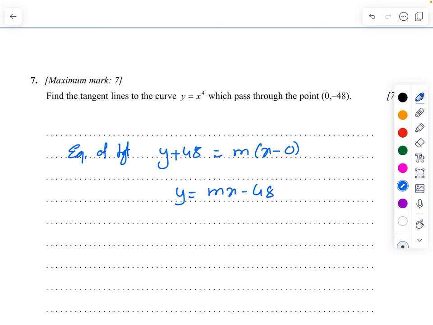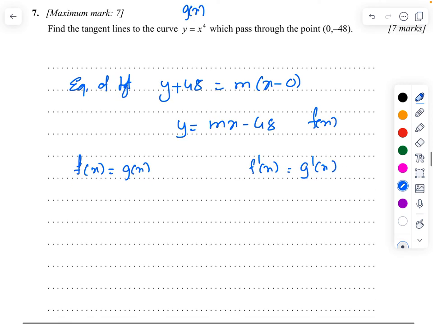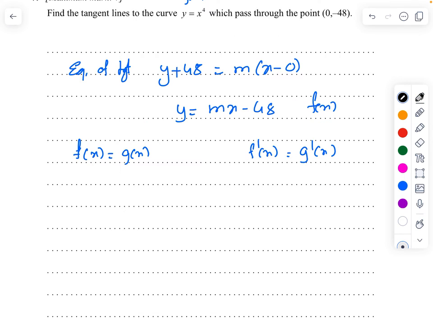Now let this be f of x and this will be g of x. Every time f of x equals g of x and f prime x equals g prime x. The slope of this one is m, and the slope of x power 4 is, derivative, 4x cube.